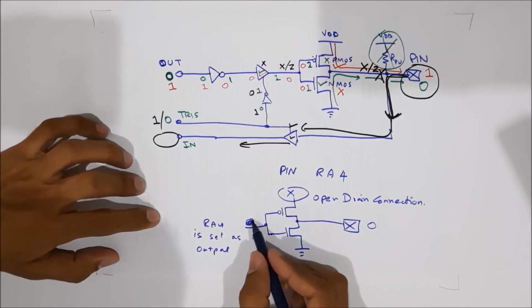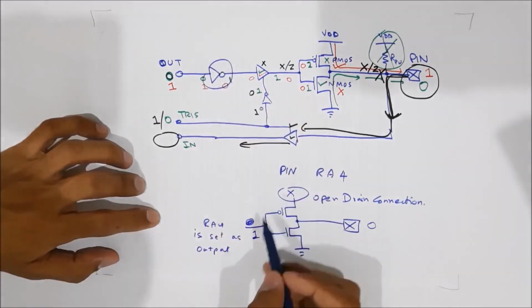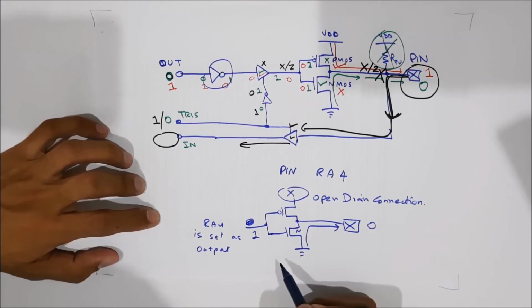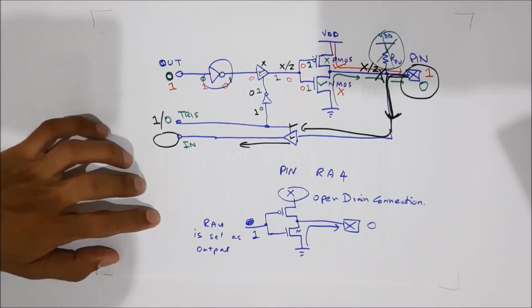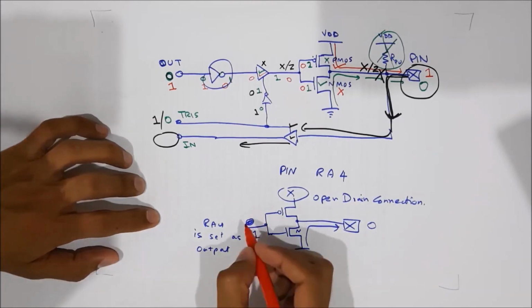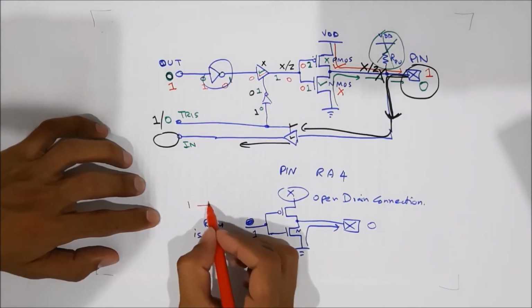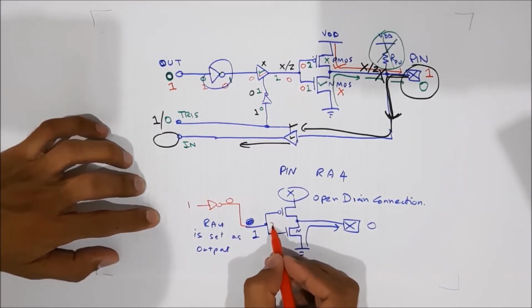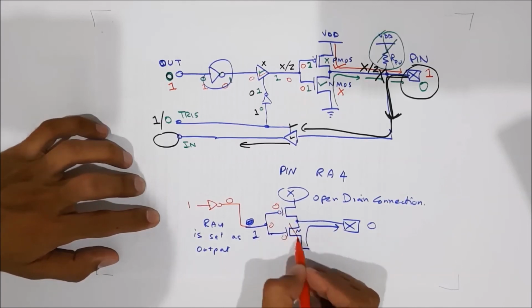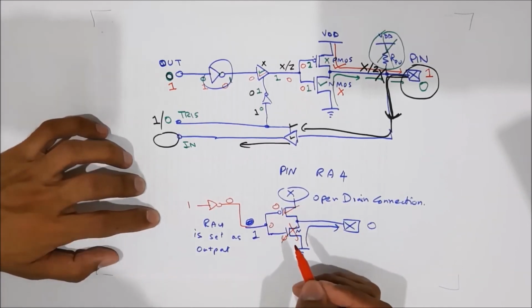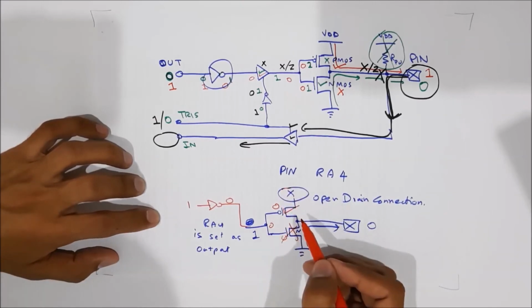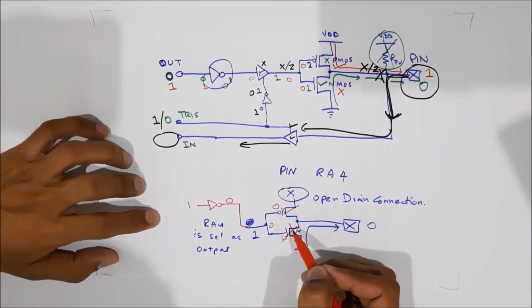If we send a 1 here through this NOT gate, it will turn on this NMOS and a 0 will travel through the NMOS. But if we send a 1 here and it will pass through this NOT gate and become a 0, so a 0 will be here. It will turn off the NMOS and it will turn on the PMOS. But there is no VDD connected to the PMOS. It is an open drain connection.